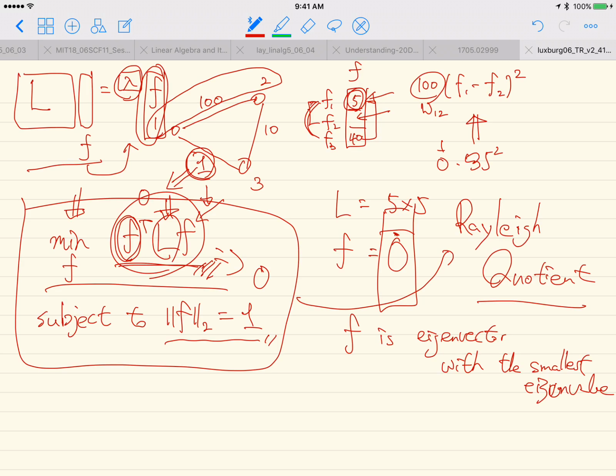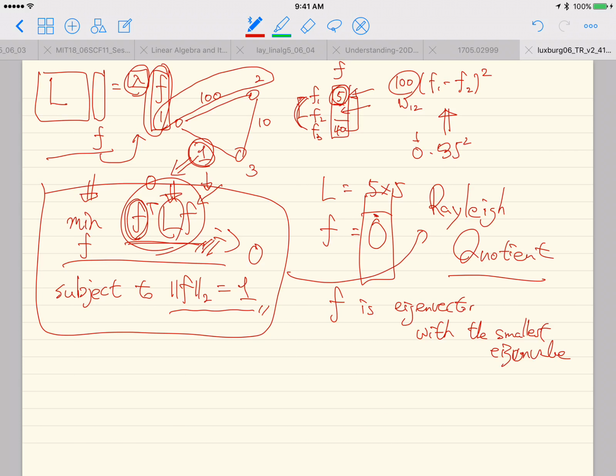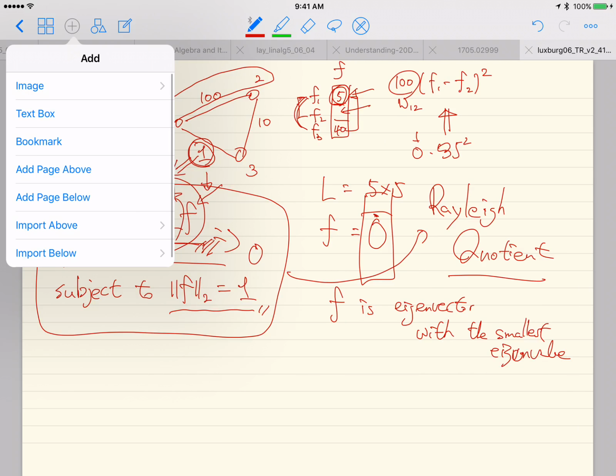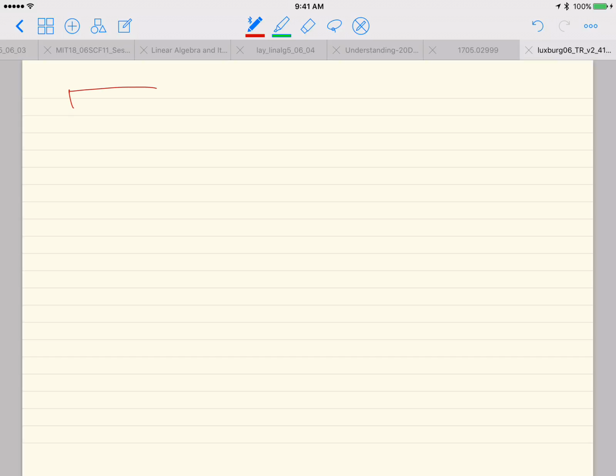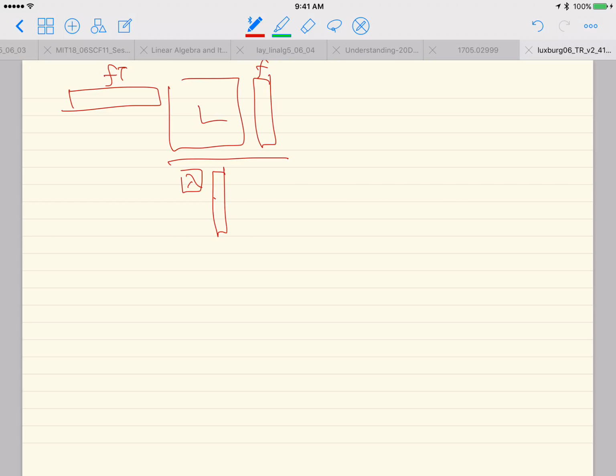Okay, in this case, we have f transpose L f, right? And this part, L f, will become some eigenvalue lambda times f. So we are multiplying them together, and we have lambda here and f transpose f here, right?